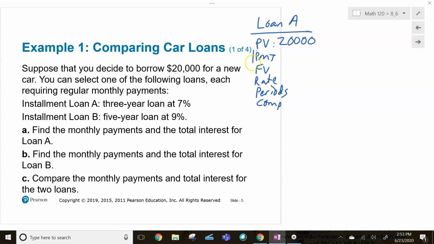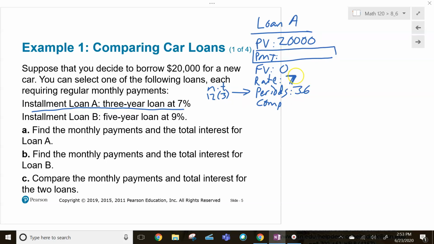We're going to find what our payment is, but the future value is how much we owe the bank at the end of the loan. So we're going to owe the bank nothing because we're going to own the car at the end of, in this case, a 3-year loan at 7%. Okay, we're going to have these monthly payments. So 7% is our rate. And then this is N times T. So monthly, 3 years. So we got 36 here.